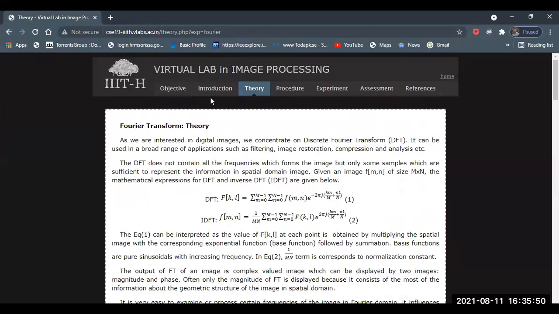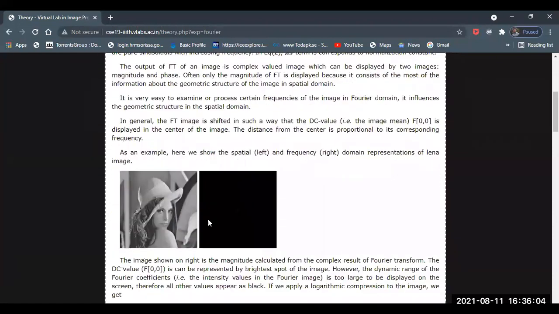Then we discussed in detail the theoretical part, that is, the mathematical formulas for Fourier transformation and inverse Fourier transformation. Then we discussed some examples of Fourier transformation, and we saw how crucial the phase angle or phase spectrum is and what the role of the magnitude spectrum is.